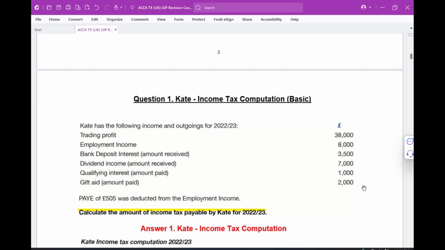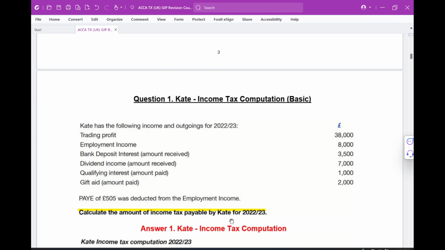Okay, so an income tax payable figure for Kate will involve, obviously, an income tax computation. And as just mentioned, I know this is basic, it's important for us to understand that it's split into several main parts. Obviously, we populate the computation with income.